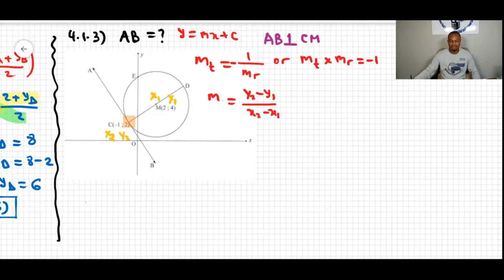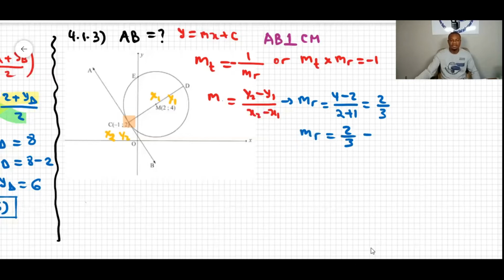Therefore, m_CM will be equal to (4 minus 2) over (2 minus (-1)), so 2 plus 1, and this is equal to 2 over 3. So m_CM is 2 over 3.